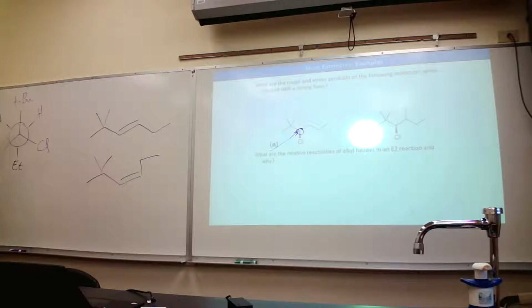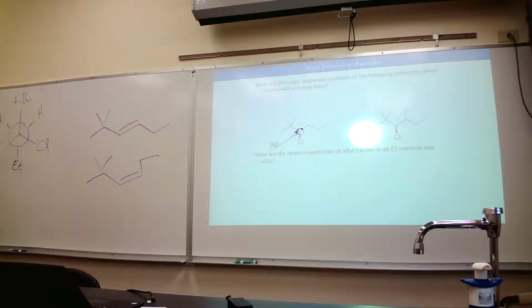And our two possibilities for the shape it could be in that has a hydrogen anti to the chlorine are the one I've drawn here, or if we rotate everything on the back carbon, that's also valid, but that puts our ethyl group right next to the t-butyl group in that gauche position.